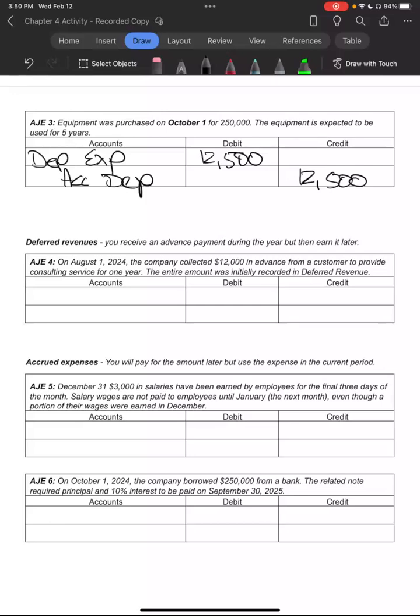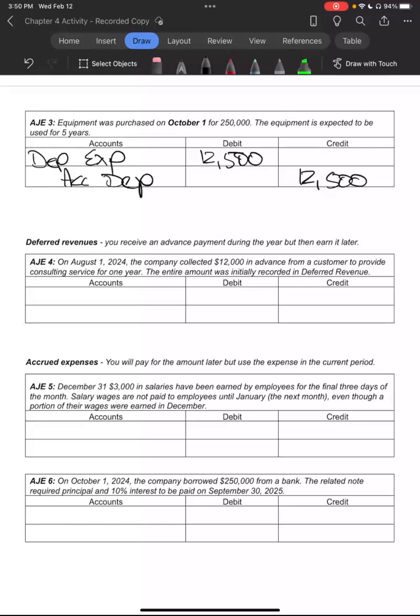So looking at deferred revenues, again, remember deferred revenues are a liability for us. So let's say that on August 1st of 2024, the company collected $12,000 in advance from a customer to provide consulting services for 1 year. The entire amount was initially recorded in deferred revenue.